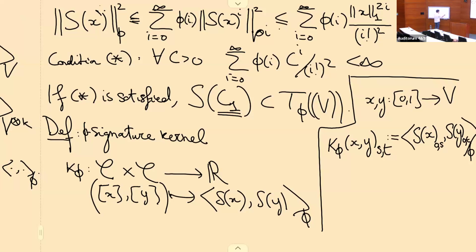If there are time indices, it means I look at the signature of x up to s and the signature of y up to t, and then I take their inner product.